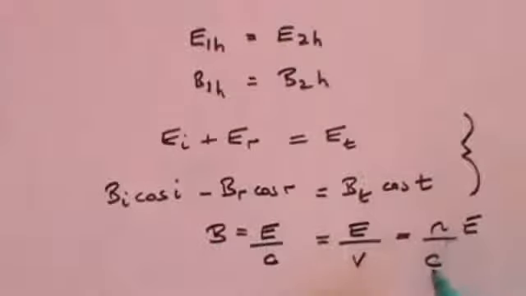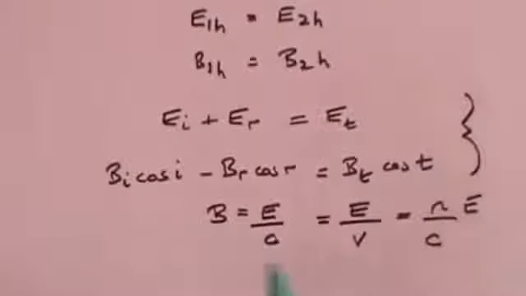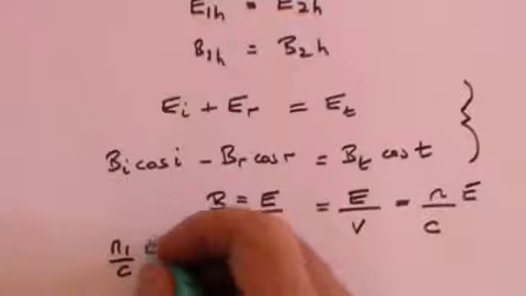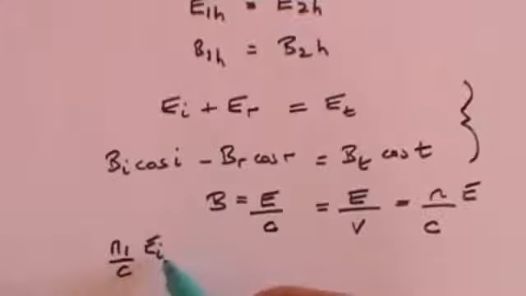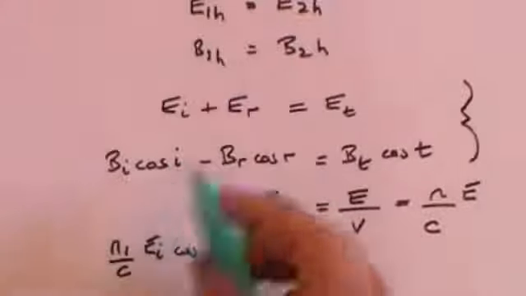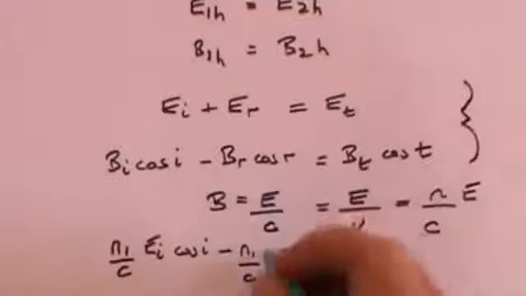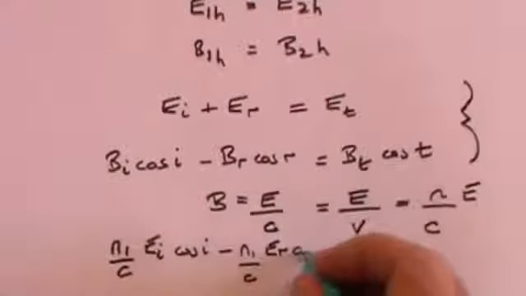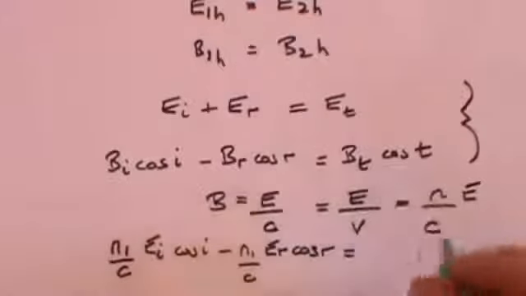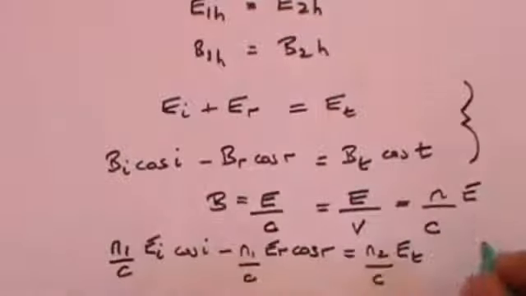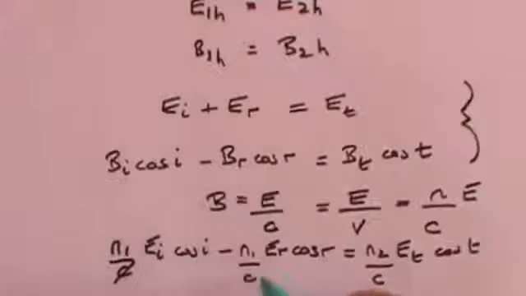For B, I'm going to substitute n over c times E. Since we are in medium 1, I'm going to get n1 over c times E_I, because it was B_I, so it's the associated E_I, times the cosine of the angle of incidence, minus, still in medium 1, n1 over c times E_R, the associated reflected field, times the cosine of R, is equal to, now in medium 2, n2 over c times the respective E field, E_T, times the cosine of T. And you can see that the c's will simply cancel out throughout.